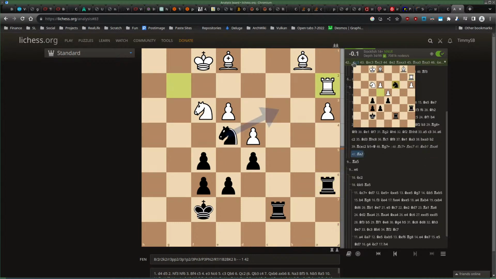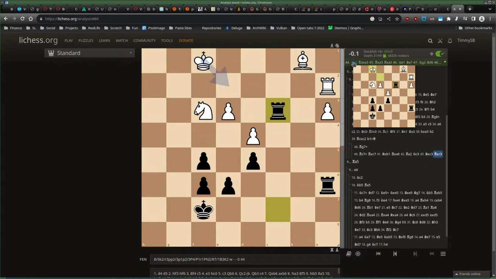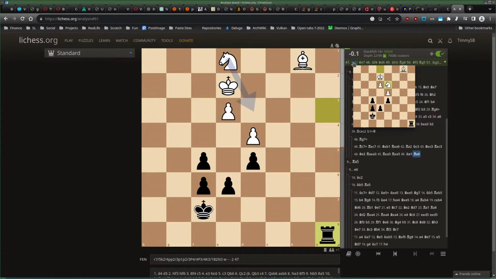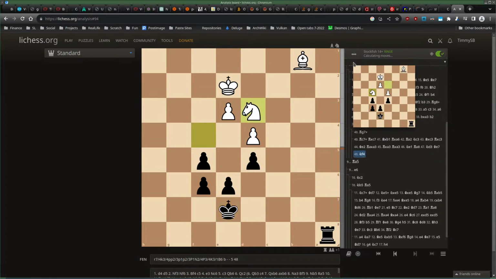Rook a2. Lose the pawn anyway, exchange rooks. Why is this a draw? This kind of thing, I would never do this. Never.